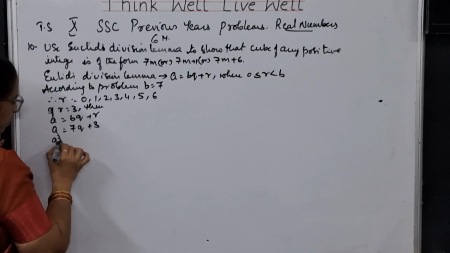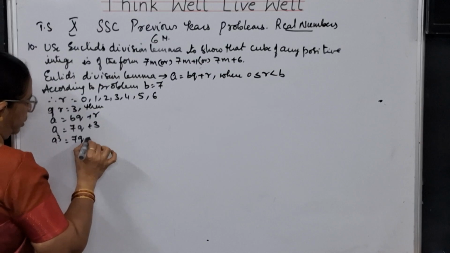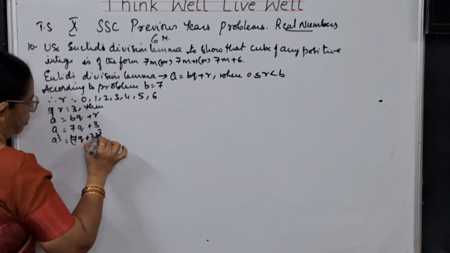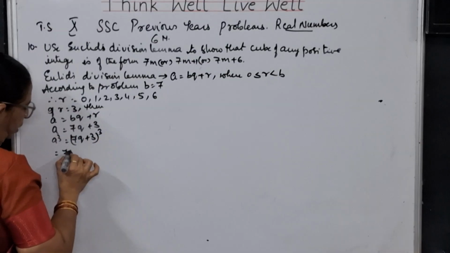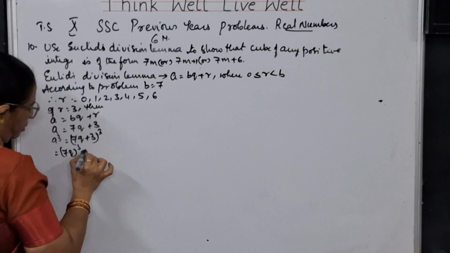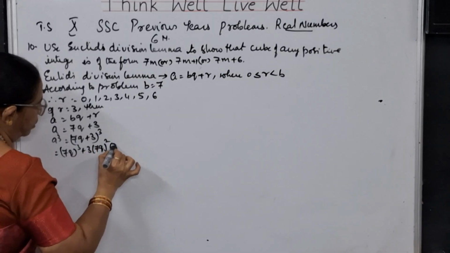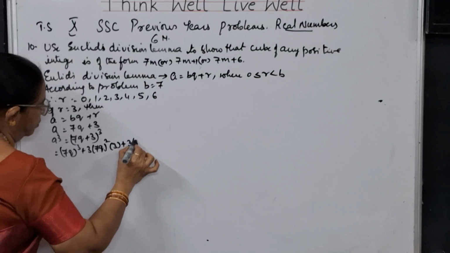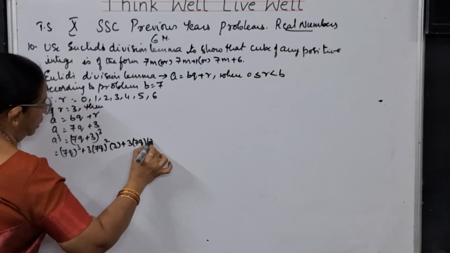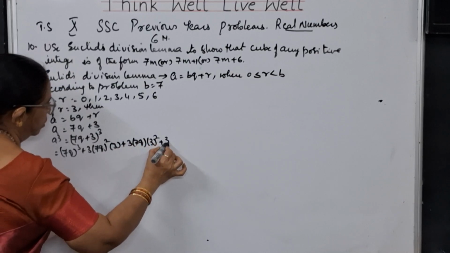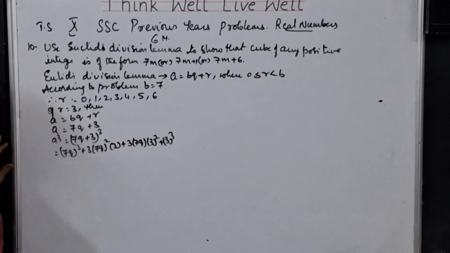So, what is a cube? 7q plus 3 whole cube. That is a cube plus 3 into a square into b plus 3 into a into b square plus b cube, expansion of the formula.